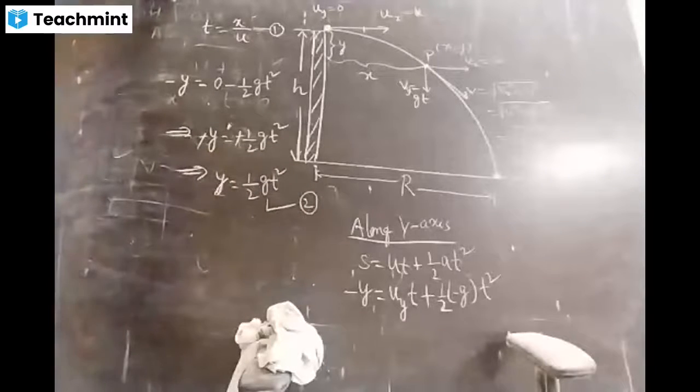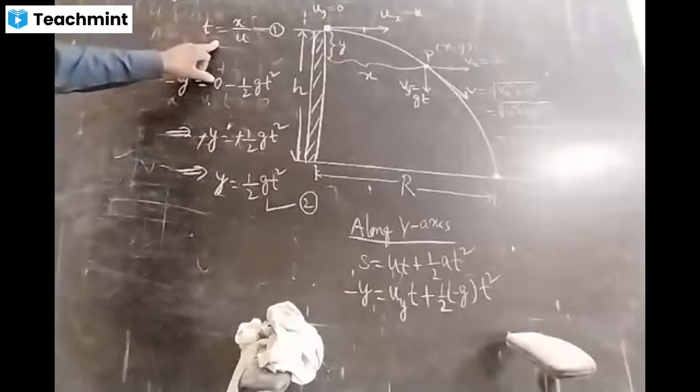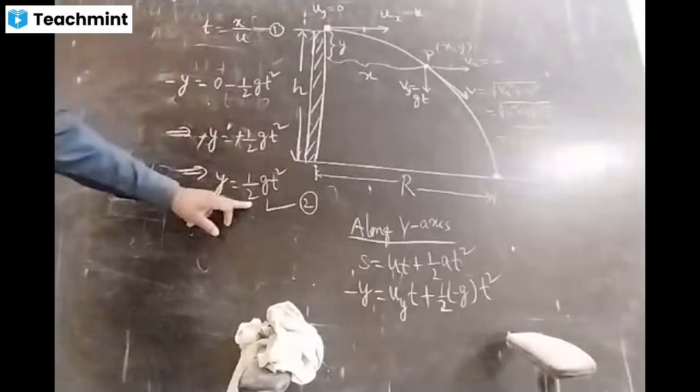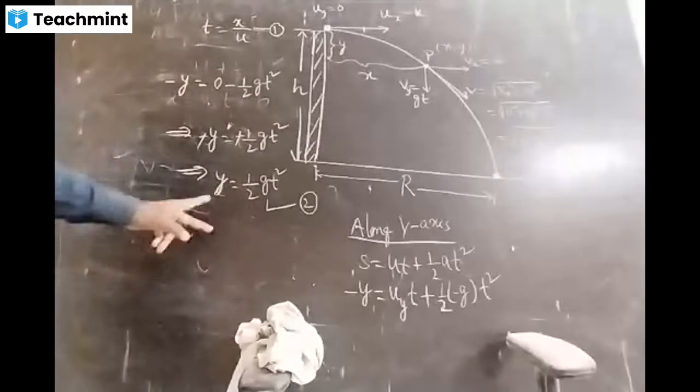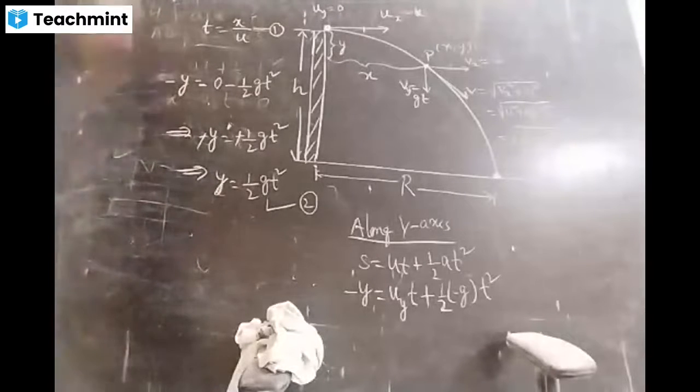Now I will substitute equation 1, t is equal to x by u, in equation 2 so that I will get the relation between y and x. Let's see.